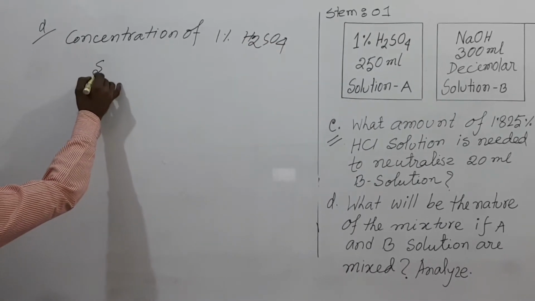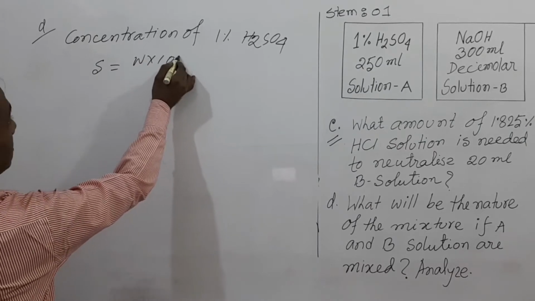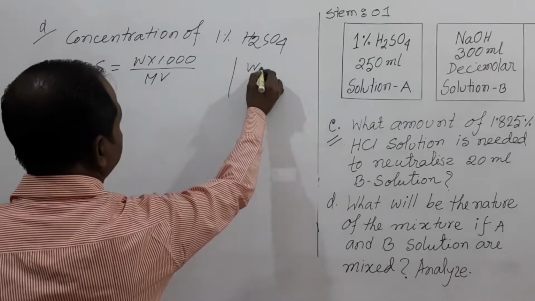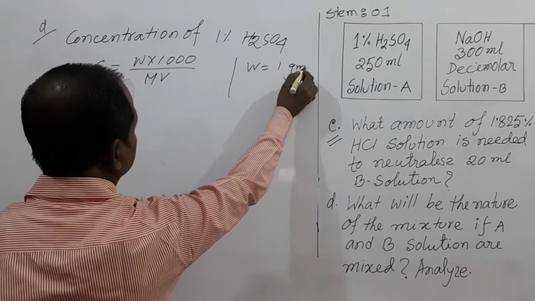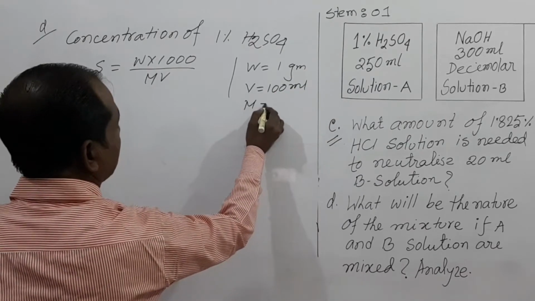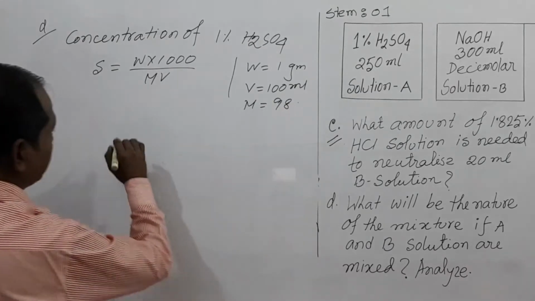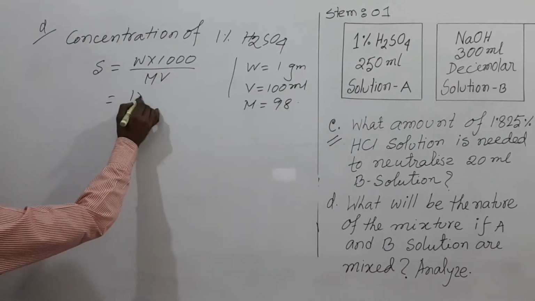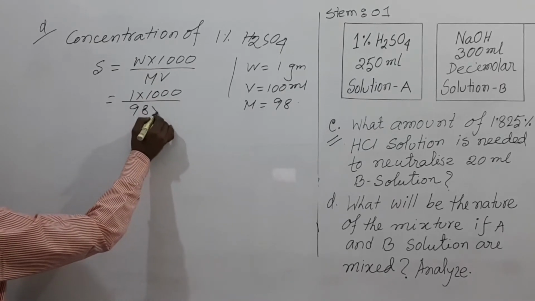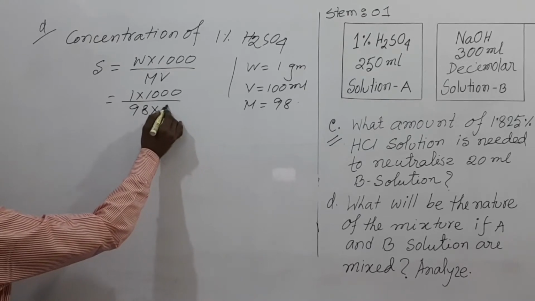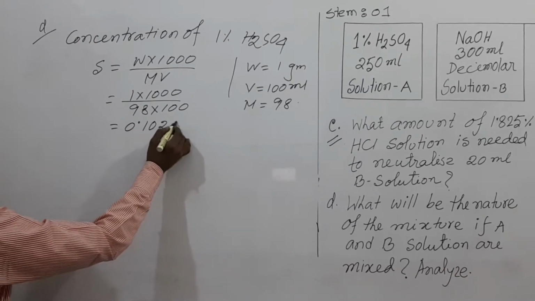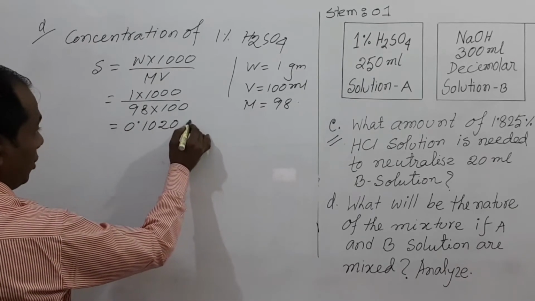We know S equal to W into 1000 divided by mV. Here W equal to 1 gram, volume V equal to 100 ml, molecular mass of sulfuric acid is 98. So, W 1 into 1000 divided by 98 into 100, and the answer is 0.1020 molar.